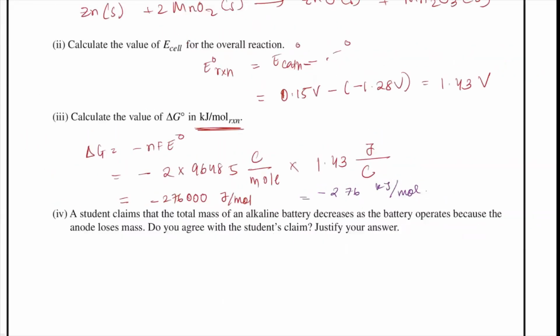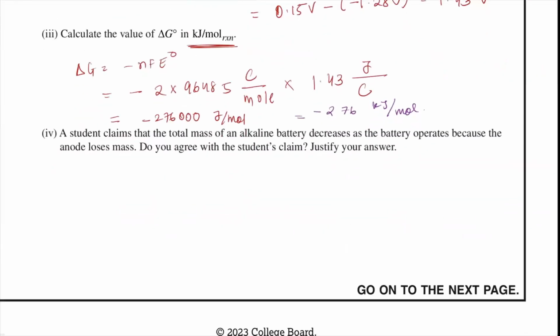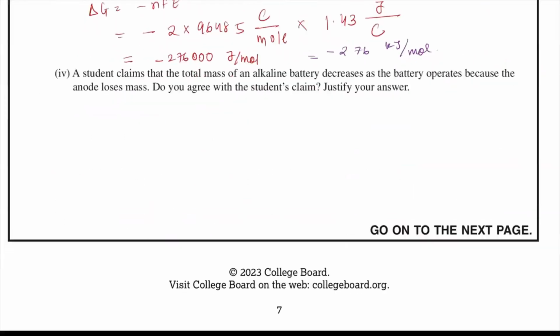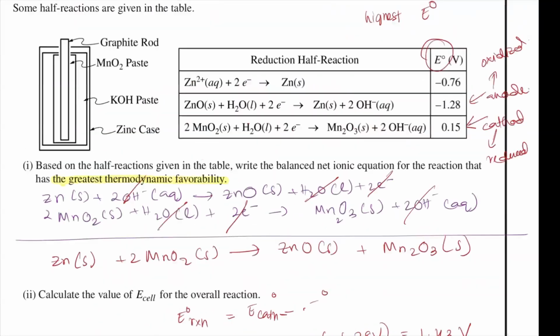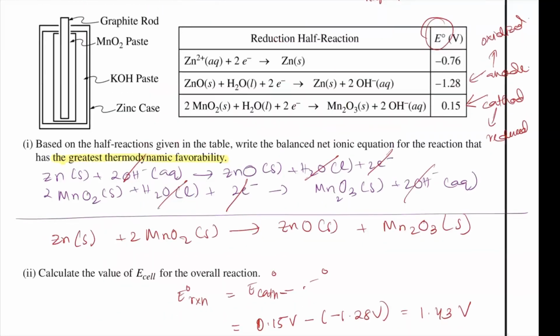Okay. And coming to the last question here, I guess. In redox we have one anode and one cathode, right? In this example, we have zinc as our anode and manganese as our cathode.